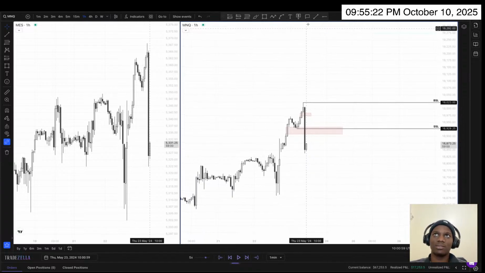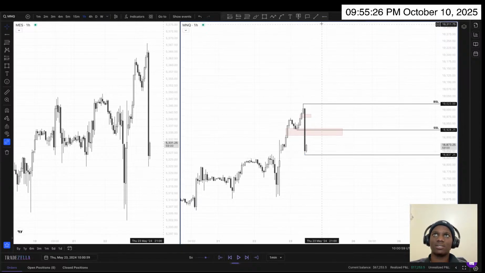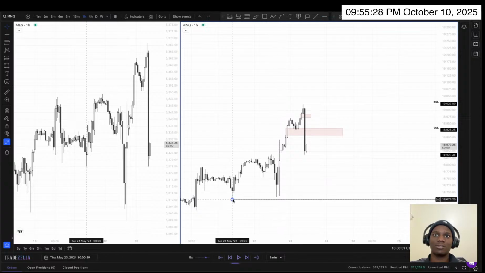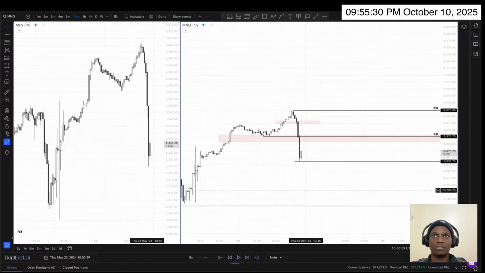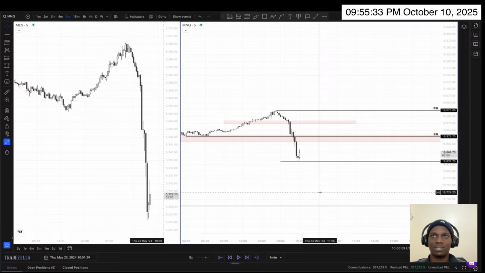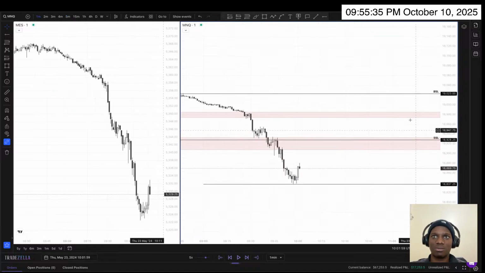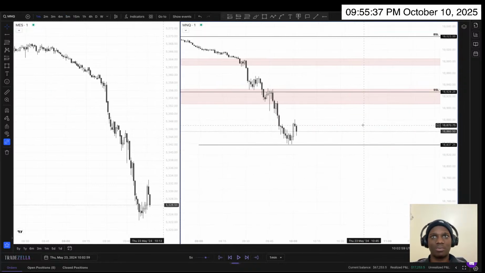So continuation to the downside, short-term sell sides here, and 1 hour lows, relatively equal lows will be there. Go down to 15. I'd like to see if we get a retracement into something and get a sweep, because I wouldn't enter without a sweep or at least SMT.